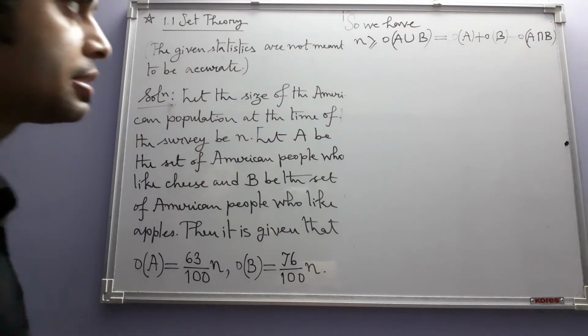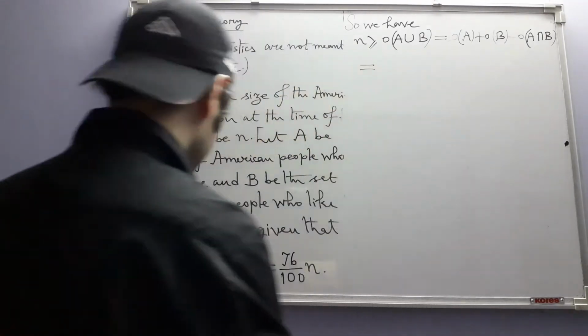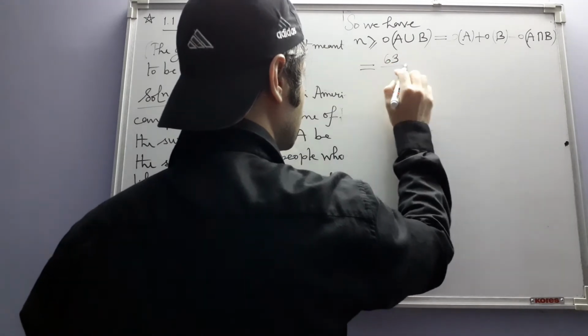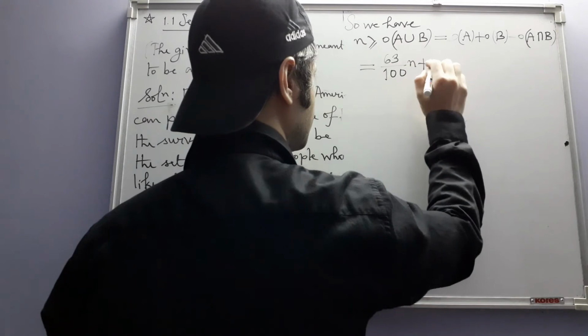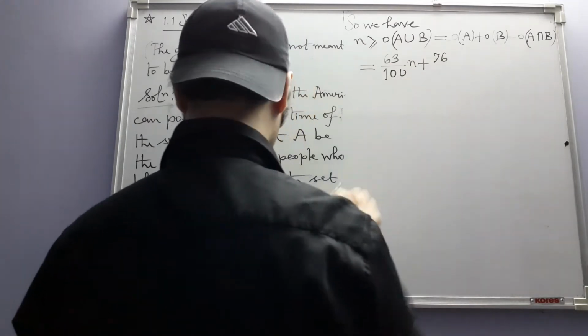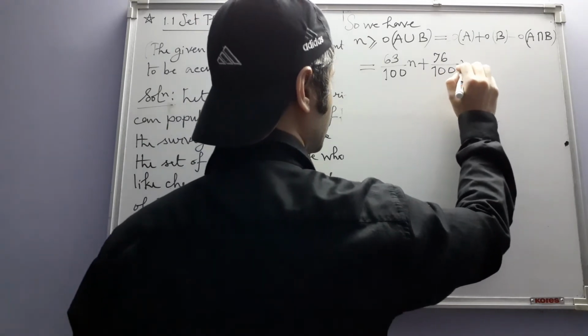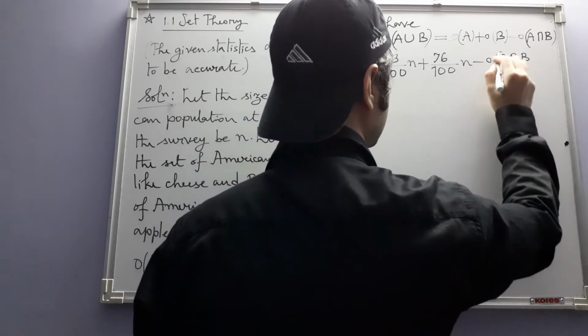Okay, so this much is understood. Now this is equal to 63 divided by 100 n plus 76 divided by 100 n minus order of A intersection B.